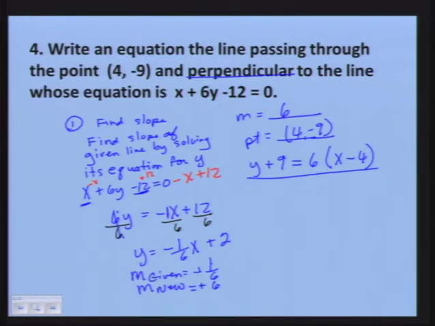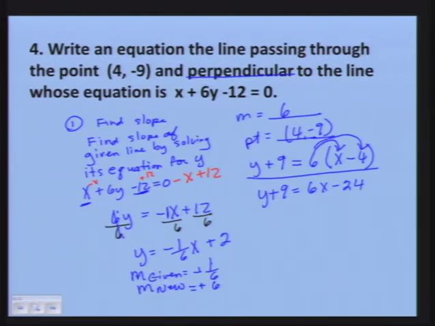We want to solve it for y to get it in slope-intercept form. So we'll use the distributive property. And we get y plus 9 on the left. Distributing, we get 6x minus 24 on the right.